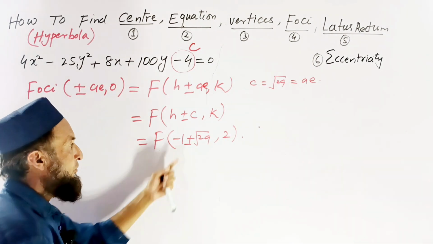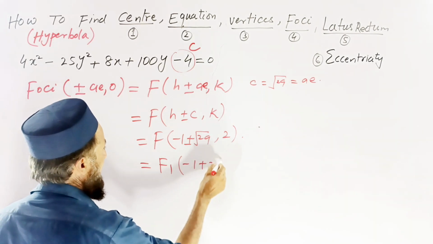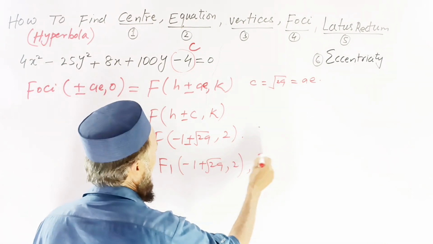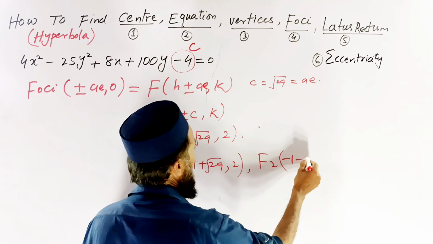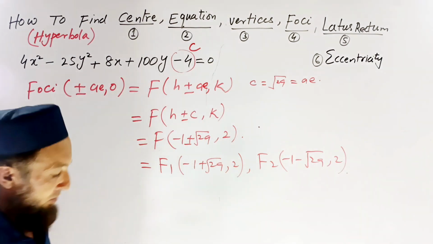The first focus F1 is (-1 plus root 29, 2), and the second focus F2 is (-1 minus root 29, 2). These are the foci.